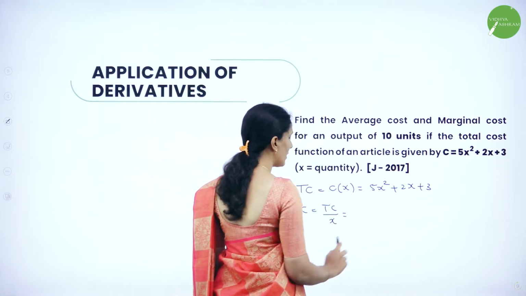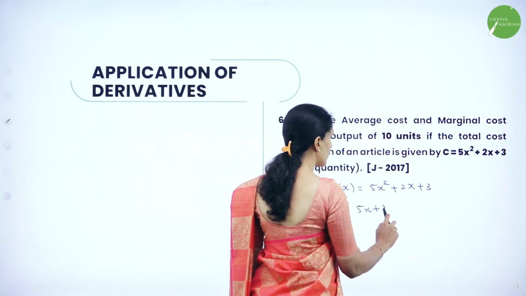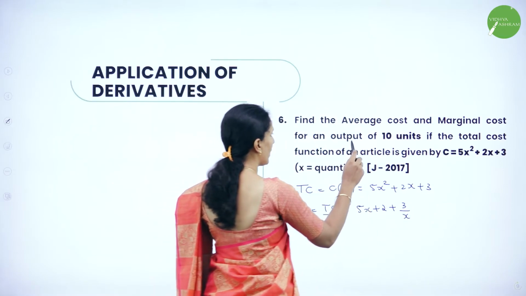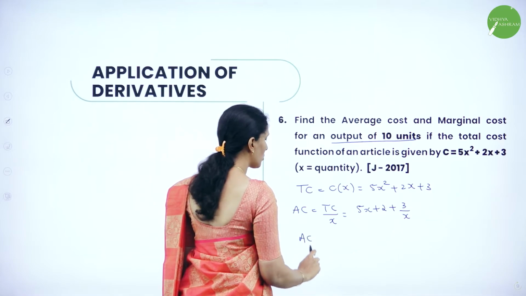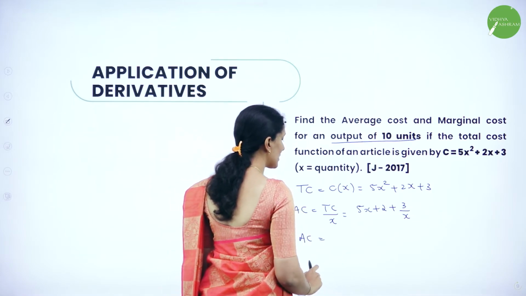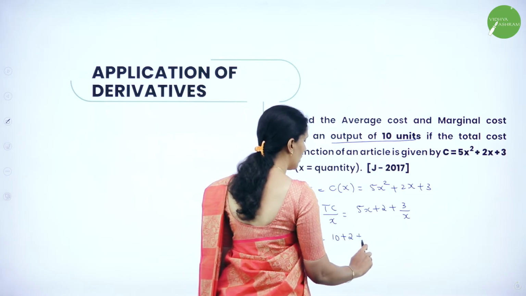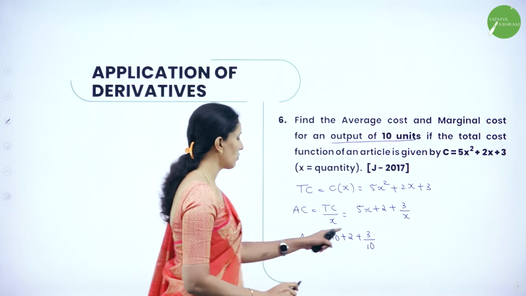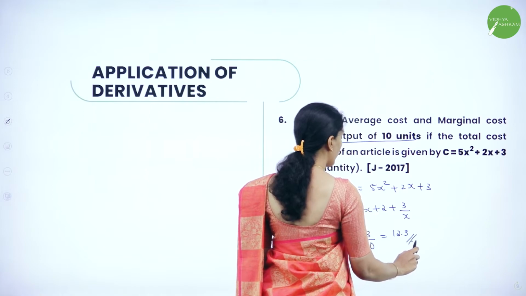So you have to divide this completely by x, then you get it as 5x plus 2 plus 3 by x. Now we need to find out whenever the output is 10 unit. So average cost is equal to, when x is equal to 10, 5 2s are 10 plus 2 plus 3 by 10. So 3 by 10 is nothing but 0.3. 12 plus 0.3 becomes 12.3.